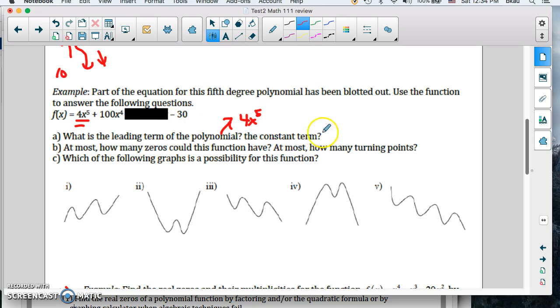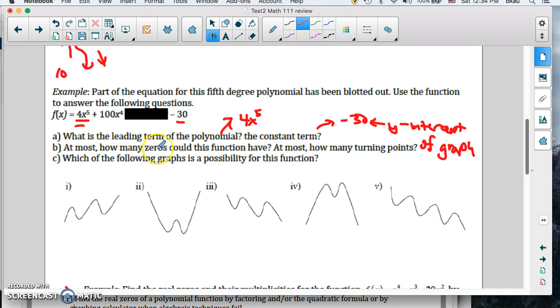And the constant term is negative 30. It's the one that has no x in it. So the constant term on a graph would tell you where it crosses the y-axis. This is the y-intercept of the graph. So if you have the constant term, you know where it crosses the y-axis.